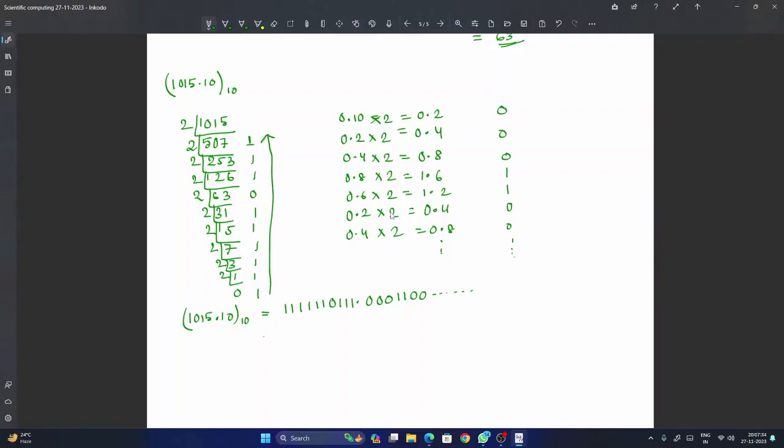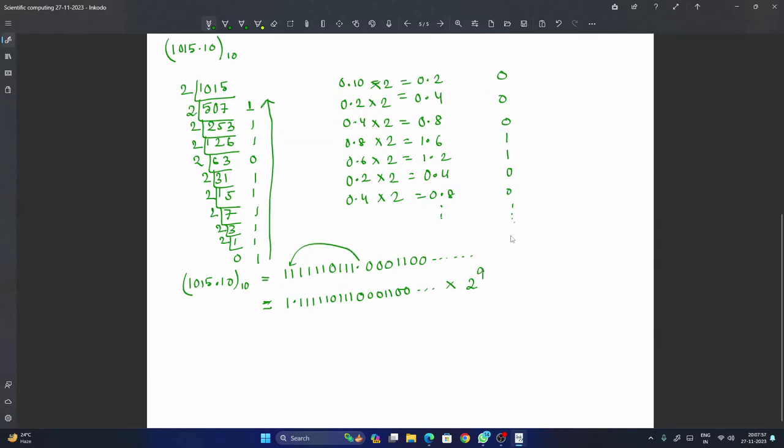So now you just have to make it normalized, so shift the point from here to here, 1 2 3 4 5 6 7 8 9 places, that means 1.111110111 0001100 into 2 to the power 9.